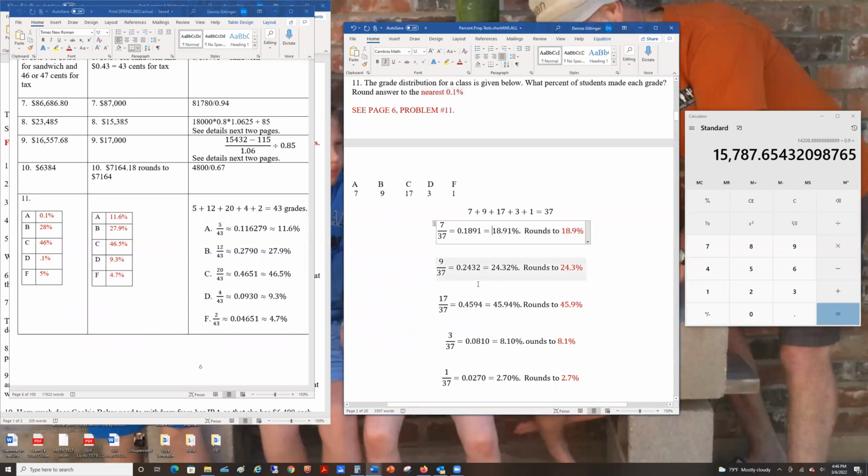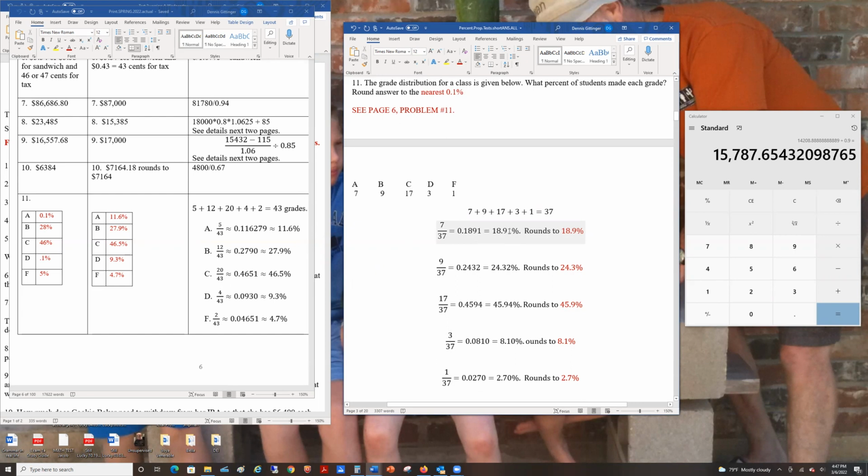After you change it to a decimal, some people are just putting 0.2 for the answer. No, that's rounded to the nearest tenth, to the nearest 0.1. Some people put 0.2 for that and 0.5 for that and 0.1 for that and 0 for that. No, you change it to a percent first. That means you're going to be moving the decimal point 2 places to the right.